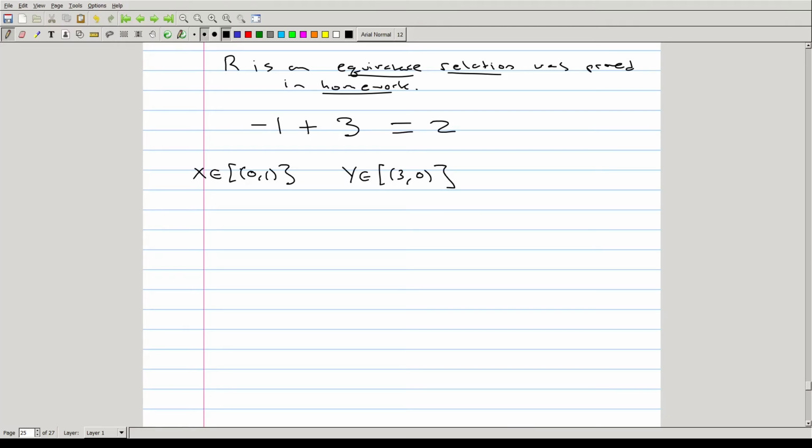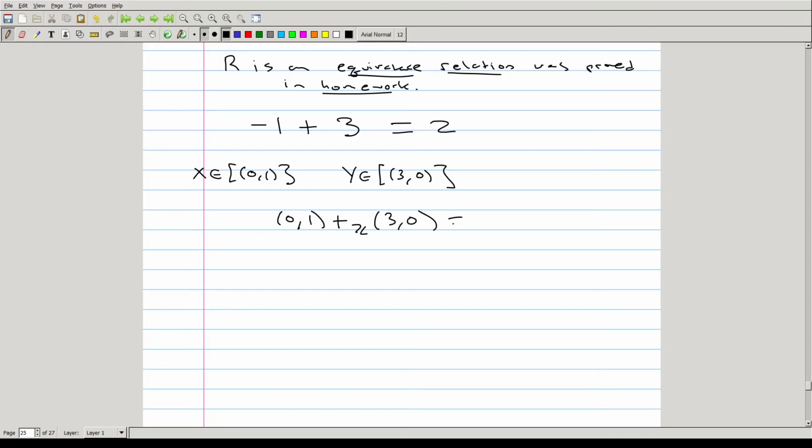Because negative 1 is represented by this equivalence class, 3 is represented by this equivalence class, and you add any representative element from these two equivalence classes, the addition here, we're going to do component-wise addition.